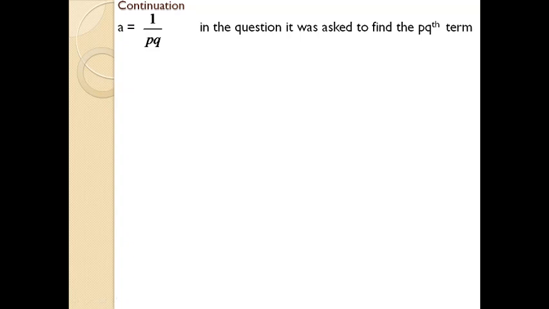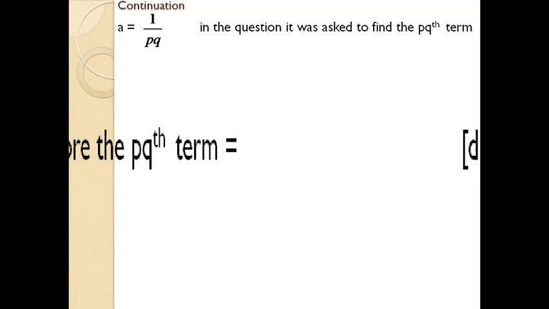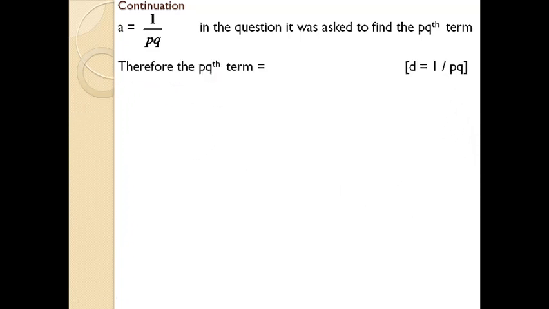As per the basic equation, we know that the nth term of a harmonic progression is 1 divided by a plus n minus 1 into d. Instead of n, I have written pq, that is the only difference. The equation is 1 divided by a plus pq minus 1 into d. We know the value of a as well as d. Let's substitute the values of a and d in this equation.